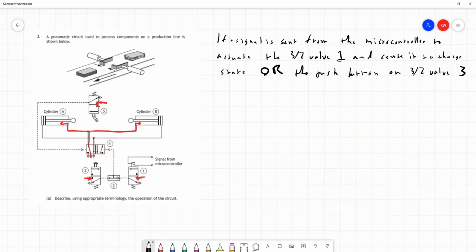I'll circle these because this is the number of the valve rather than anything. 3/2 valve 3, push button is pressed, causing it to actuate and change state.